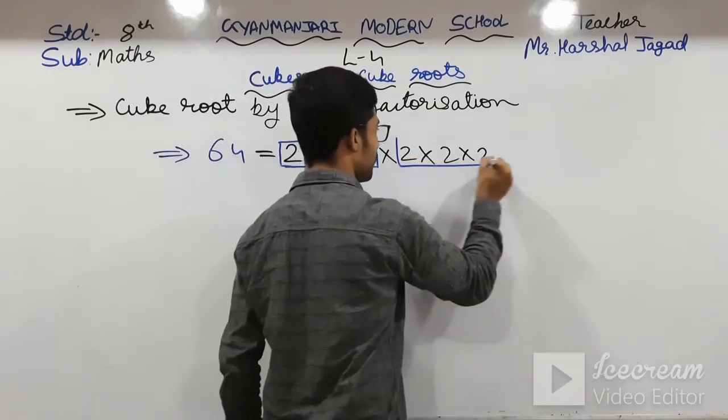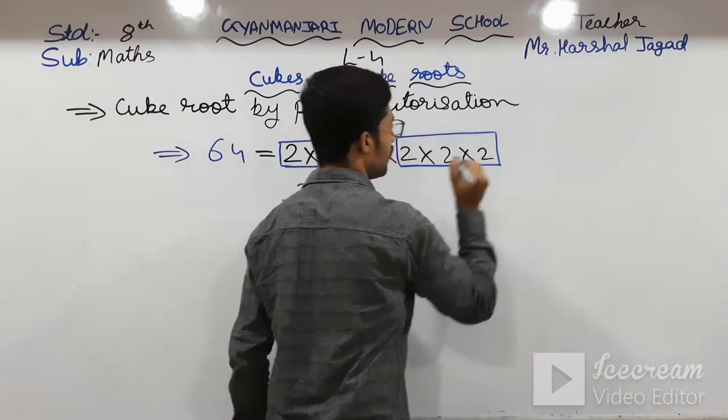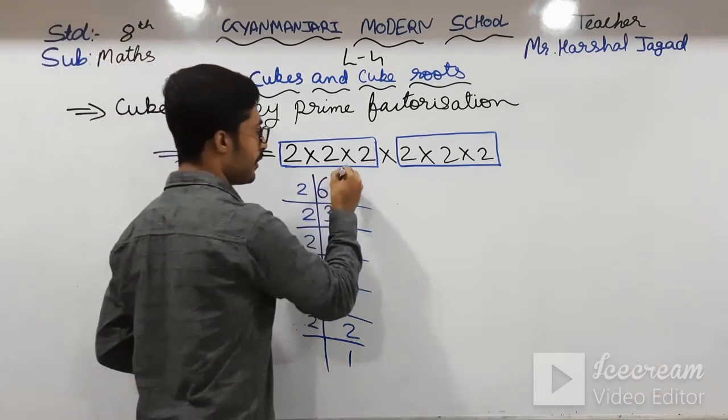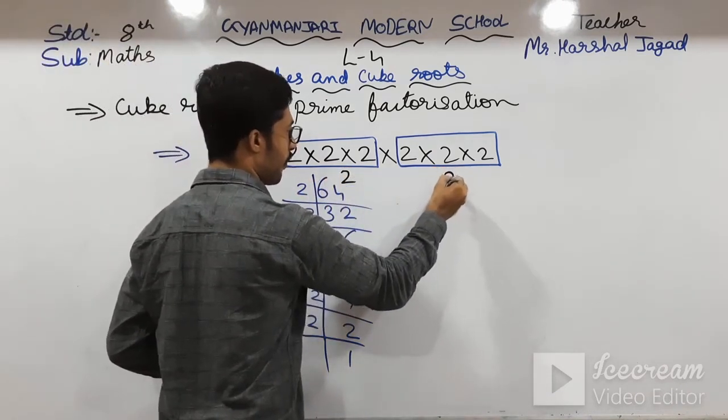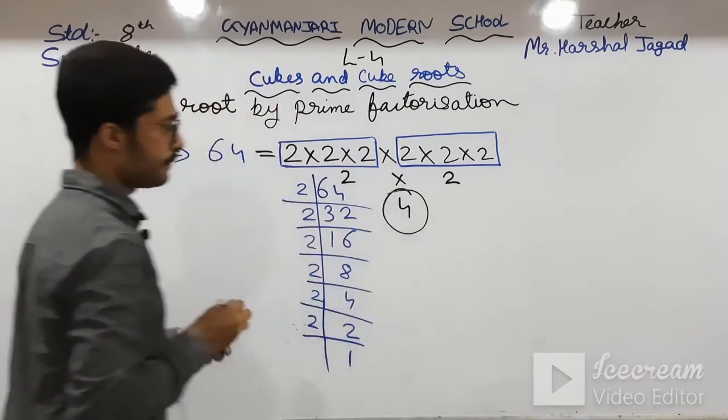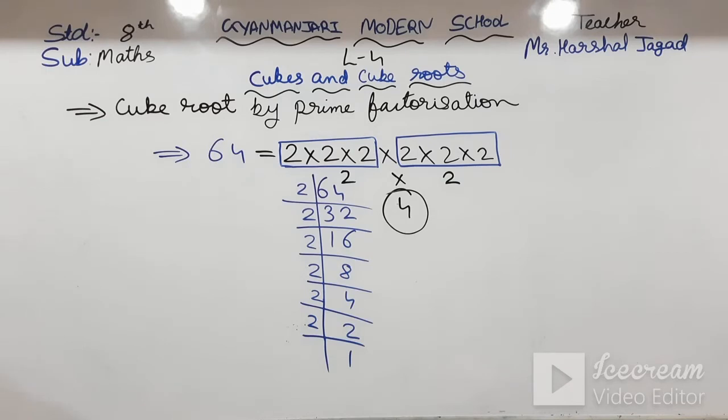Okay students, so what will happen now? This is the cube of 2, and this is the cube of 2, that is 2 2s are 4. So we get the answer 4.